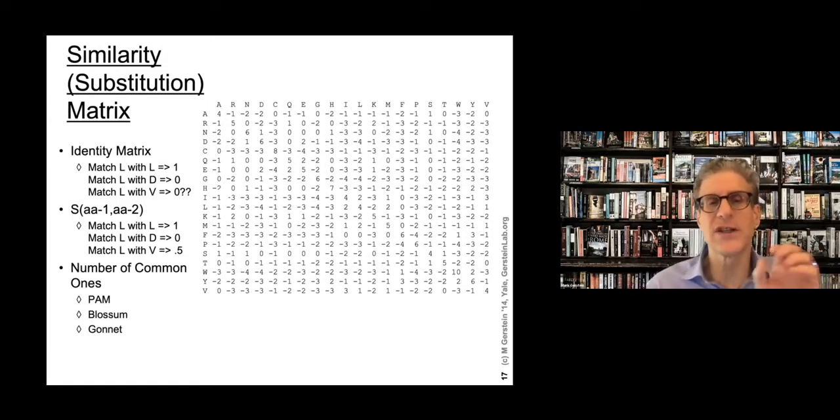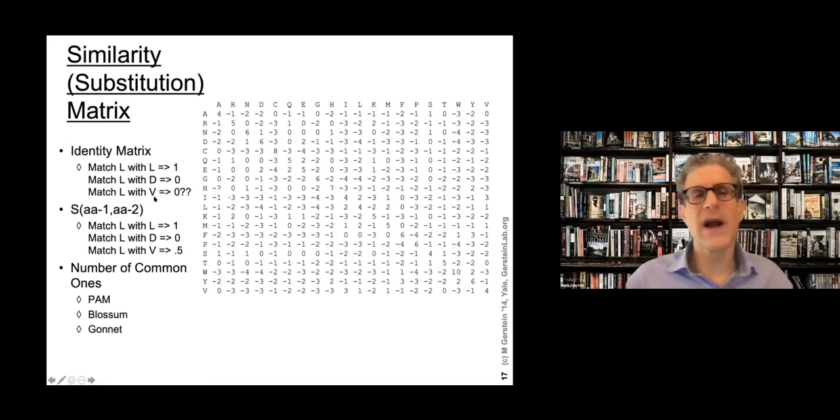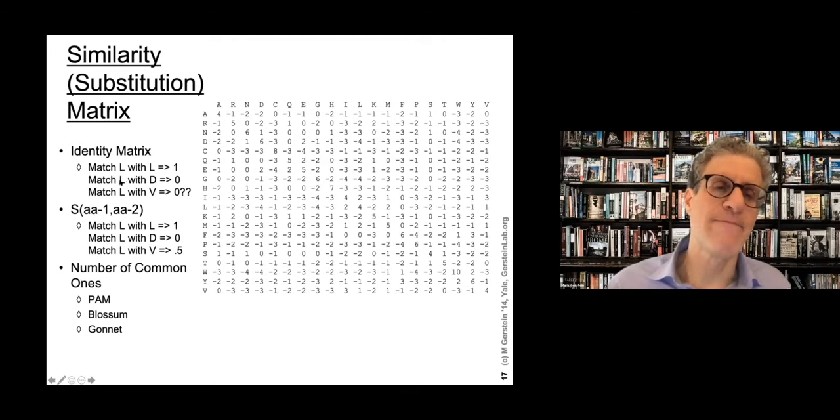Obviously matching leucine to leucine, you're getting an exact match, but if you're going to make a mismatch between leucine and another amino acid, say aspartic acid, which is this D, or valine, you might have the intuition that it's much better to match the leucine with the valine because they're very similar chemically. Whereas leucine with aspartic acid, these are radically different. This is a hydrophobic amino acid. This is a charged amino acid. So it doesn't really match our intuitions to treat these equally.